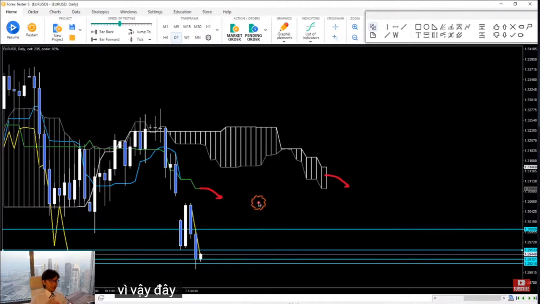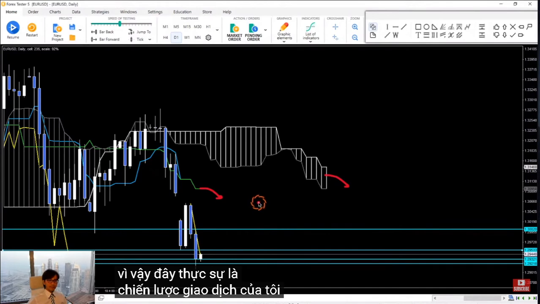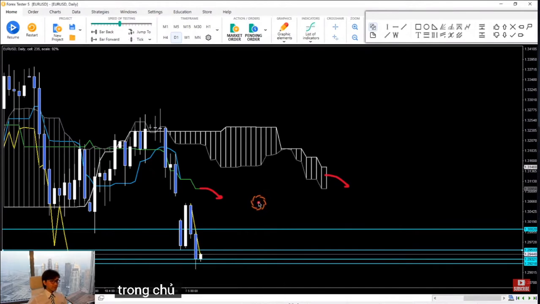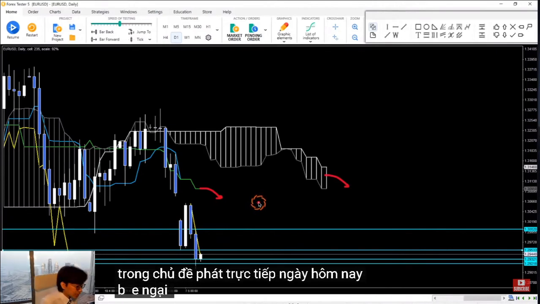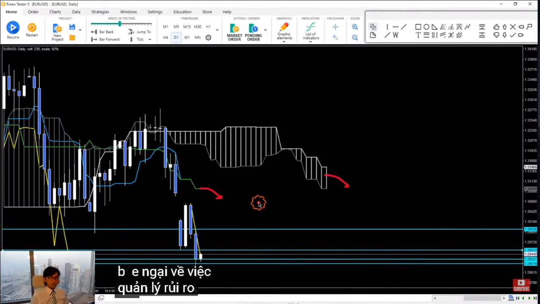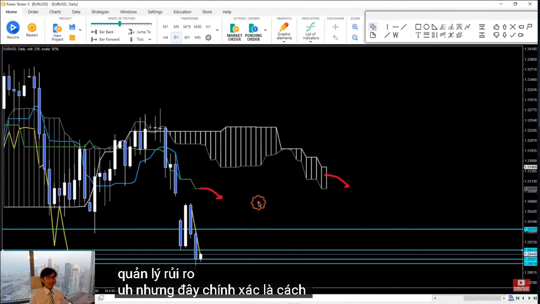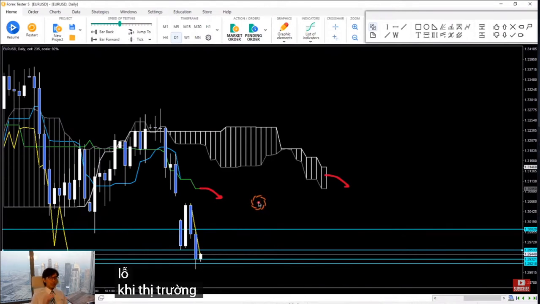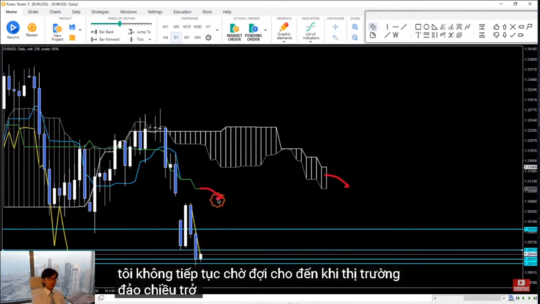So this is actually my trade strategy. In today's live stream, the topic became about risk management, but this is exactly how I cut the loss when the market reverses backwards. I don't keep waiting until the market reverses all the way back to the Kijun Sen.